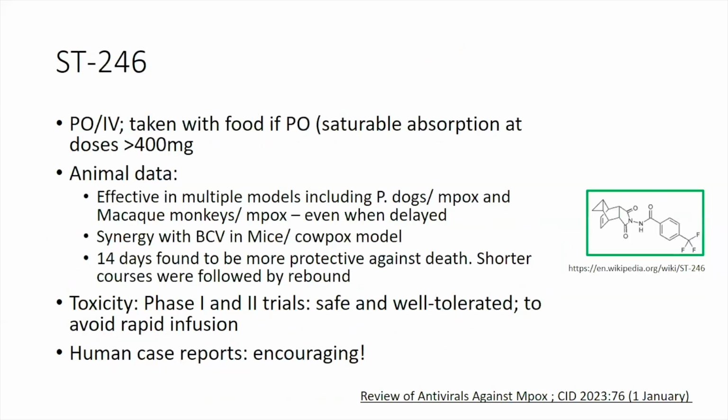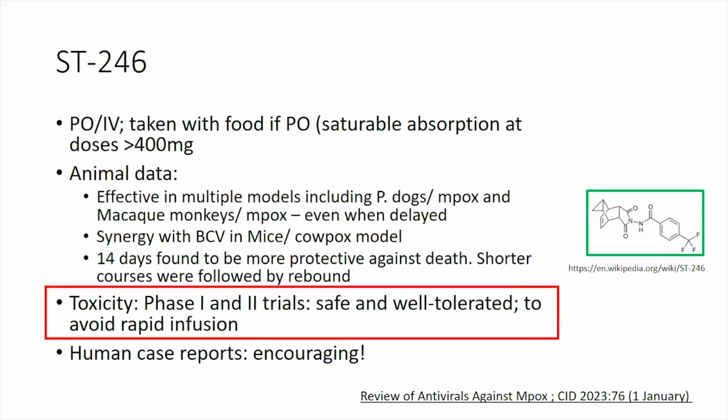And ST246, which is the other name for tecovirimat, is pretty well tolerated and safe, and we gave it to quite a few patients in the big outbreak in 2022 and 2023. And actually, you can avoid the small GI side effects by slow infusion, from phase 1 and phase 2 trials. So this one ticks the box ahead of the other two medications.